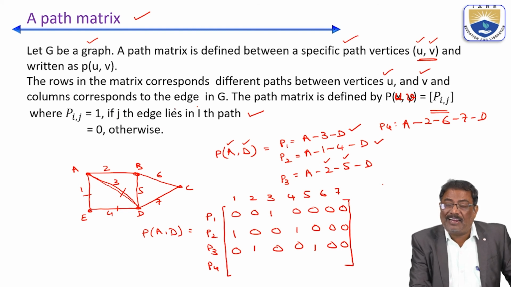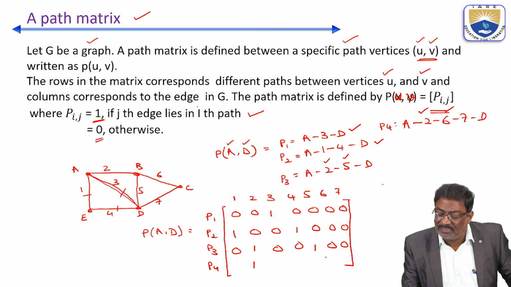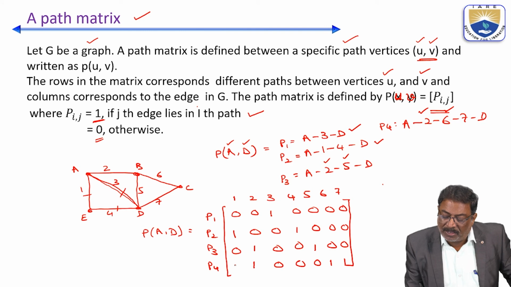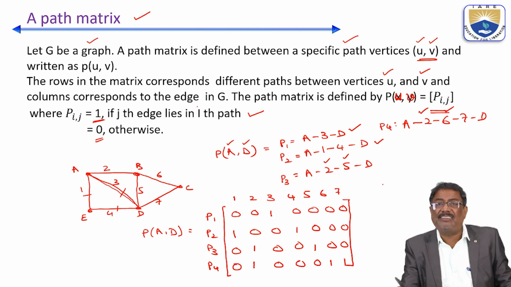So any edge that lies on the path, we take as 1, otherwise 0. For P4, edges 2, 6 and 7 lie on the path, and the remaining edges do not. So this is the path matrix.